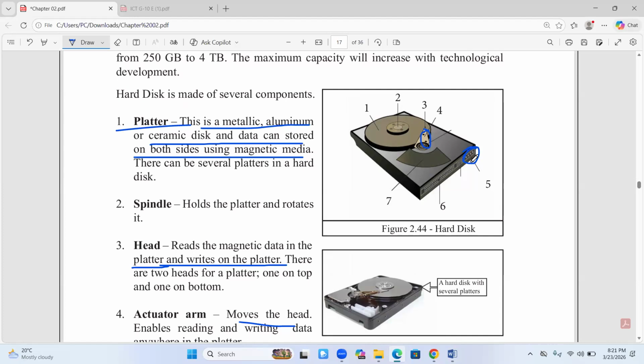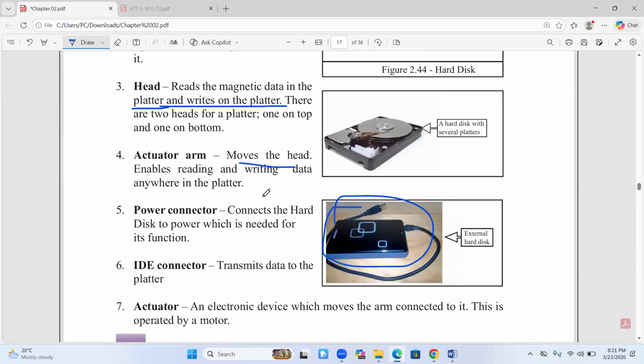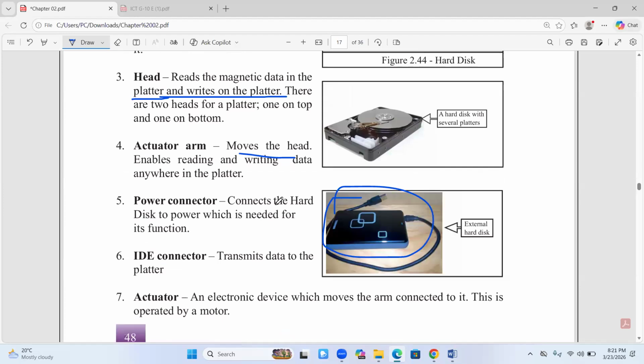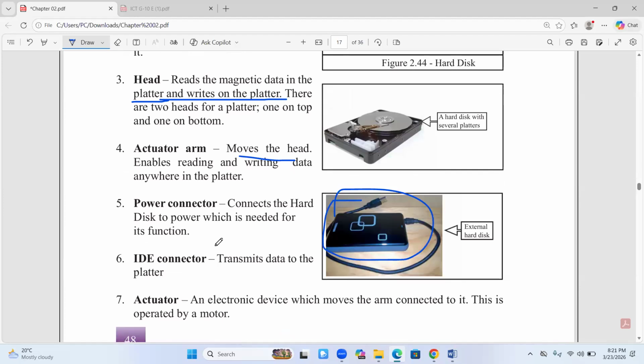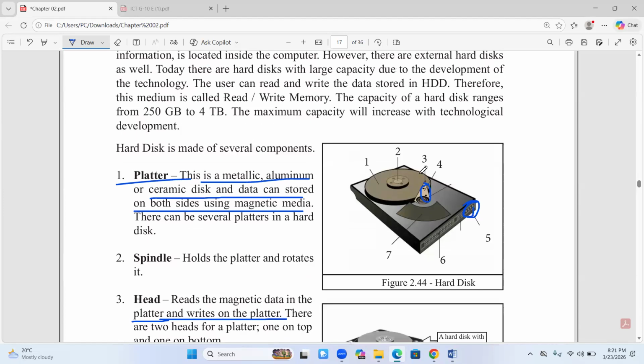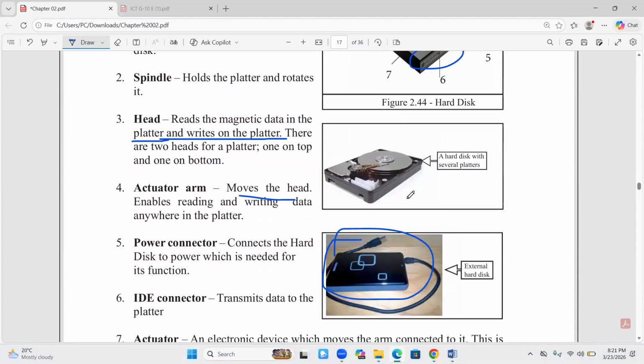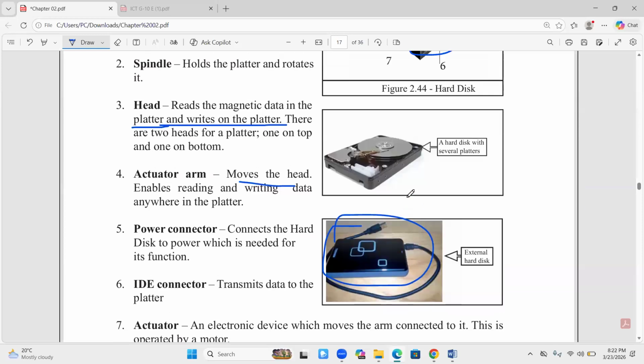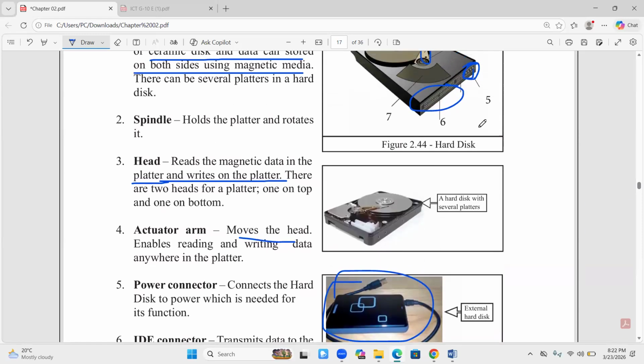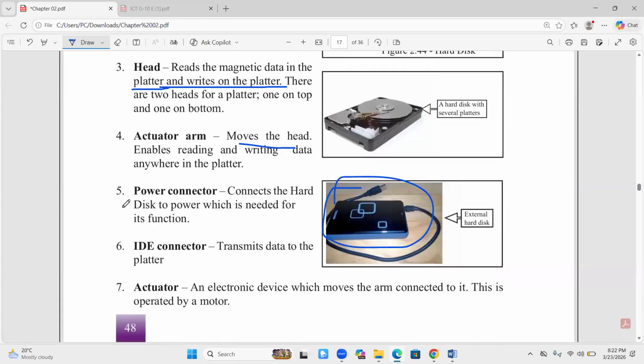By using a power cable, you can connect it. And we also have the IDE connector, number 6, to transmit data. To transmit data to the platter, you can use this IDE connector.